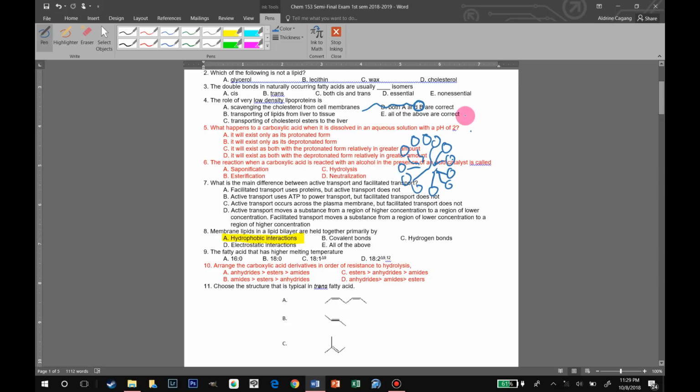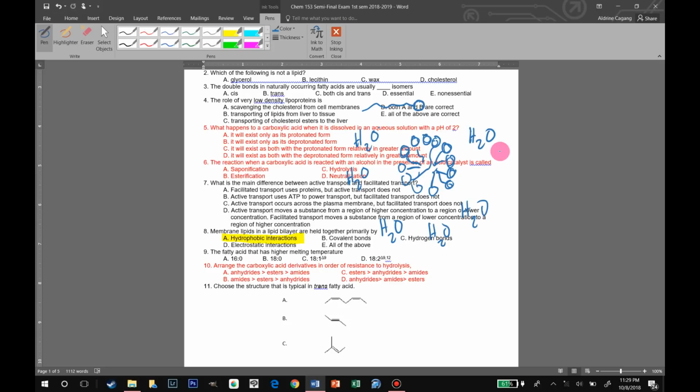In an aqueous environment, of course, your hydrophobic tails would not want to interact with the water, with aqueous media. So it's going to try as much as possible to hide and then have all of its hydrophilic heads be exposed at the outside to interact with water, because it is the water-loving part.